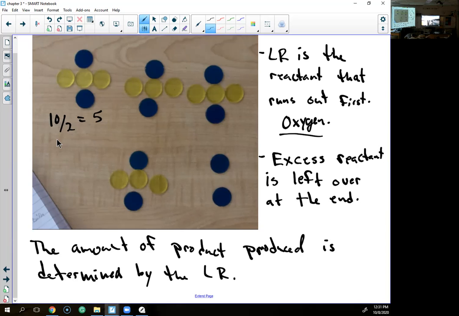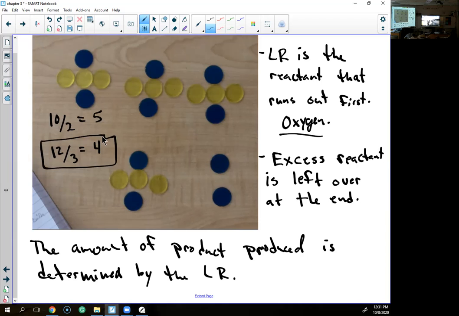But we know that we didn't, because we needed how many O for each one? 3. We had 12. We could only make 4. This would tell me that that was my limiting reactant.